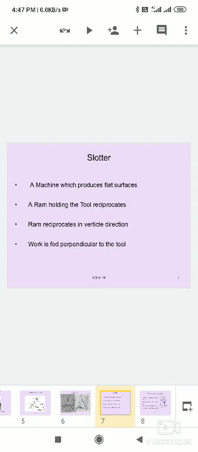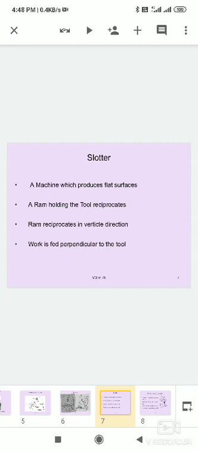The ram of punch slotter is driven by rack and spiral pinion mechanism. It is a heavy and rigid machine. Rigid means it is a strong machine to control the vibrations, and it is a heavy machine, meaning it occupies floor space area. It is used for machining large castings and forgings.